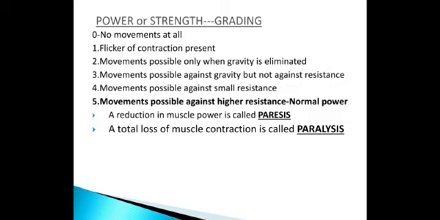The strength and weakness of muscles is graded into 6 grades by the Indian Medical Research Council. Grade 0: there are no movements or no contraction, which is complete paralysis. Grade 1: there is a flicker of contraction only, without any resultant movement of any limb or joint.